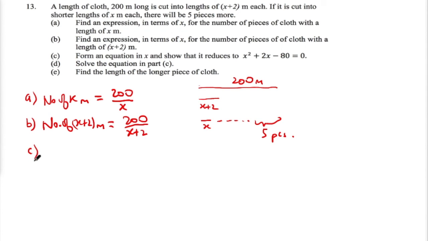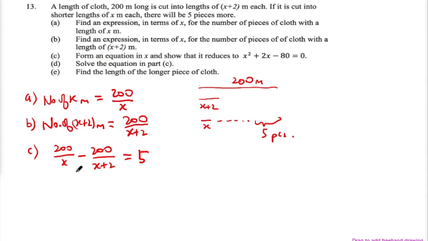Now, since the number of pieces is 5 more, that means that the difference in the number of cloths is 5, thereby giving our equation. We need to show that the equation is reduced to this.